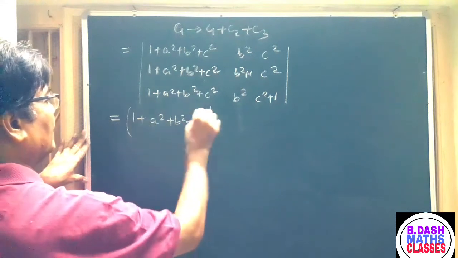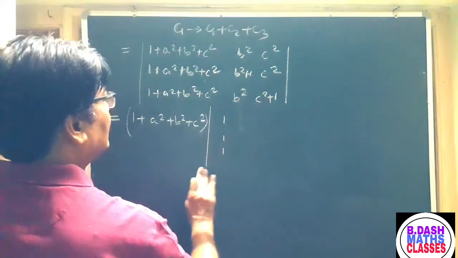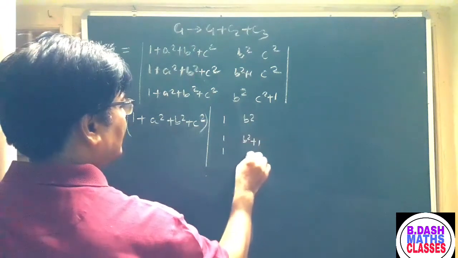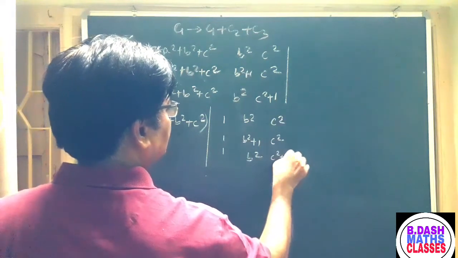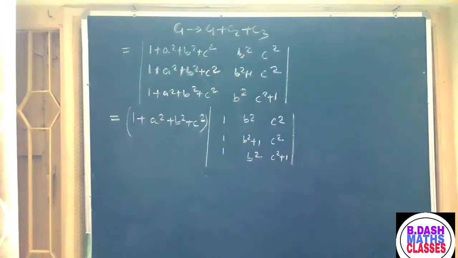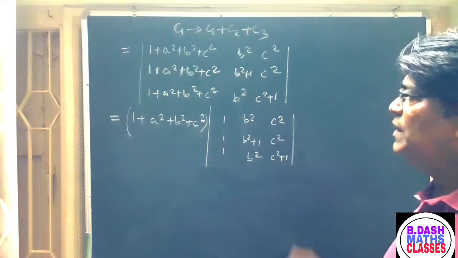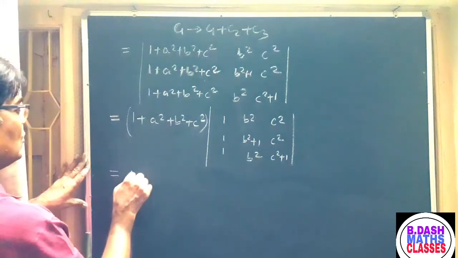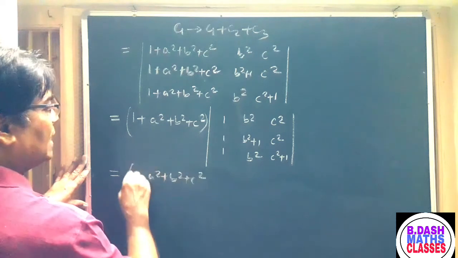By taking common, it will be 1, 1, 1, this is b square plus 1, this is b square, c square plus 1. We have taken 1 plus a square plus b square plus c square common from the first column, which gives us 1 plus a square plus b square plus c square.